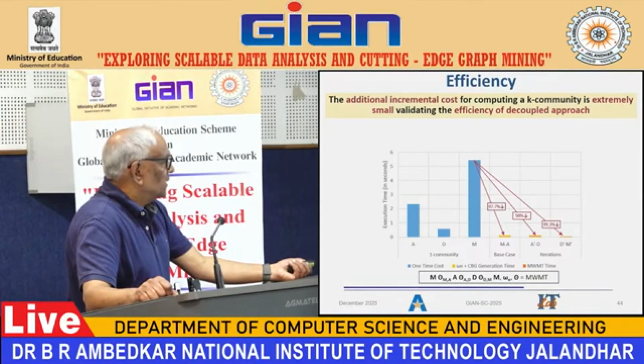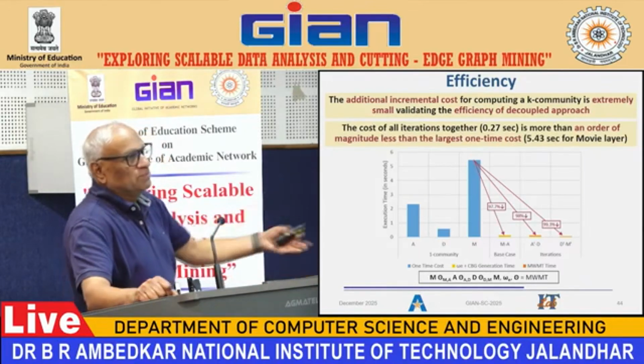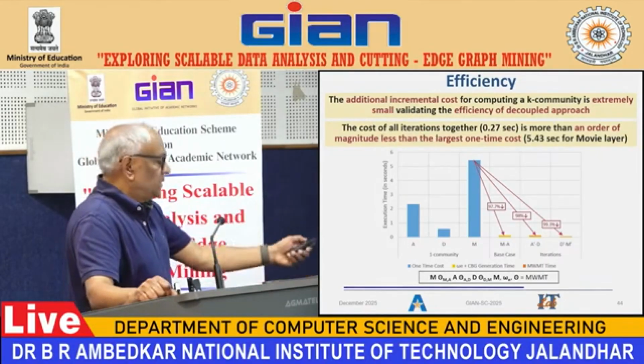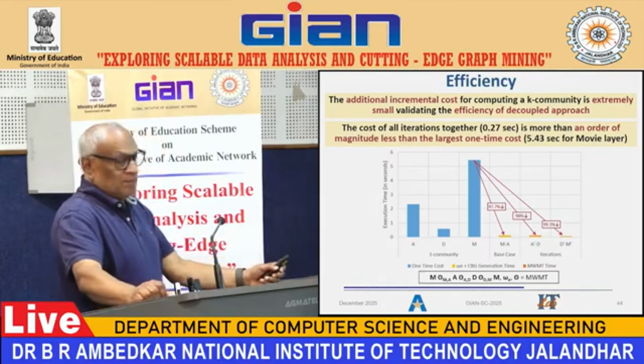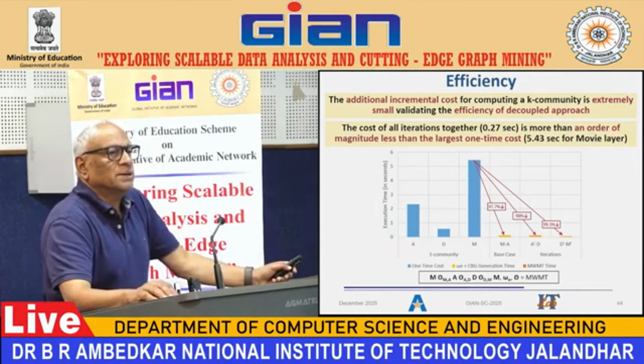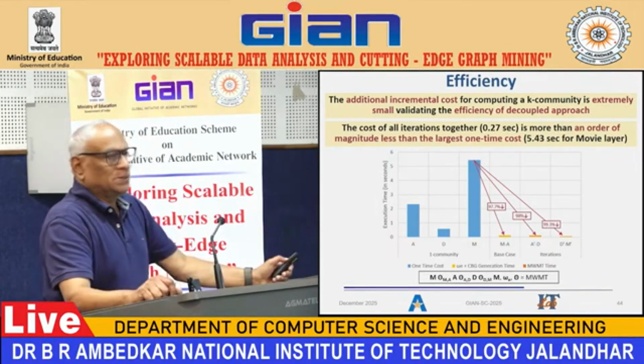So these are the different timings that are there. So the cost of all iterations together is more than an order of magnitude less than the largest one-time cost. So this is being borne out again and again in all of our experiments. So we feel pretty good about the decoupling approach and the composition, because the composition time is very small compared to the analysis time.